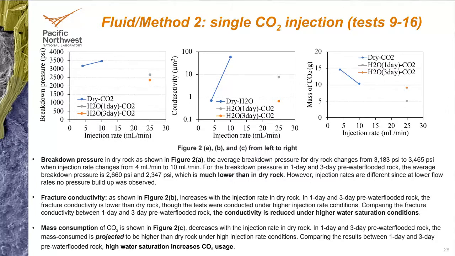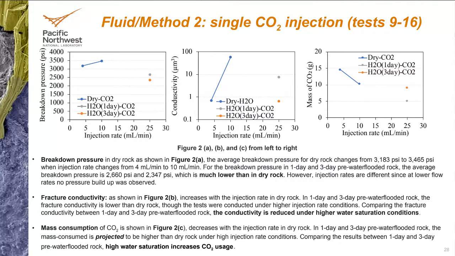And when we perform stimulation or fracturing with CO2 in water saturated rock, either 1 day or 3 days, there is no way we can fracture at flow rates below 25 milliliters per minute. This is the maximum flow rate we can achieve with the pump, and we needed to do that to be able to fracture.